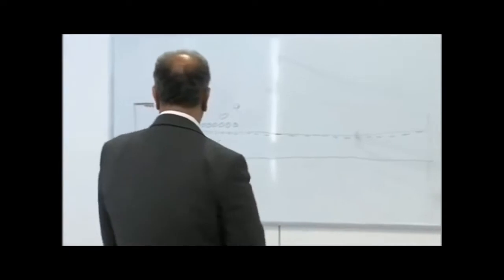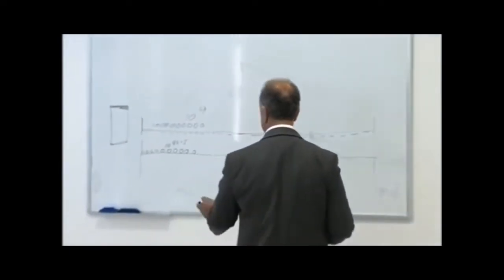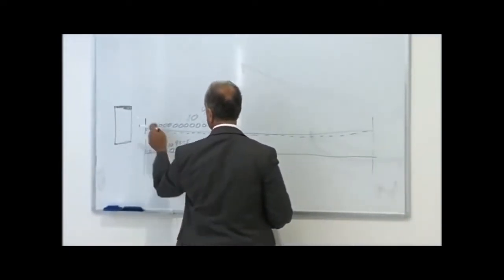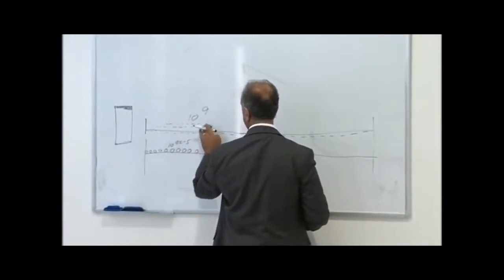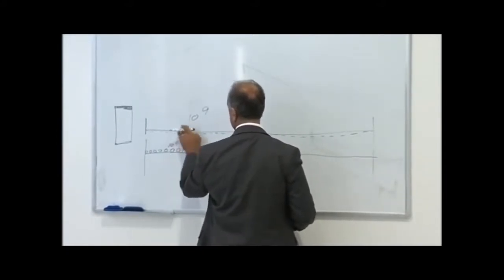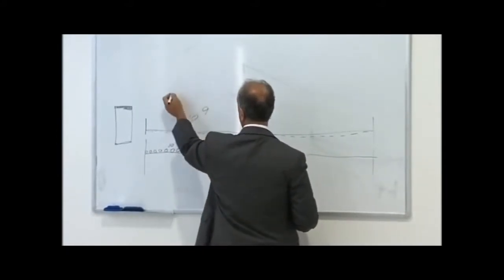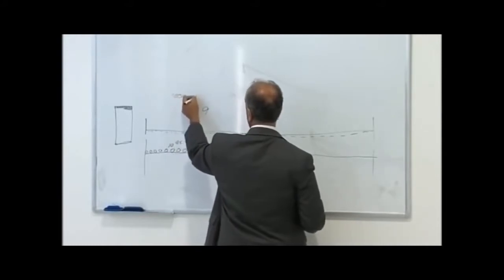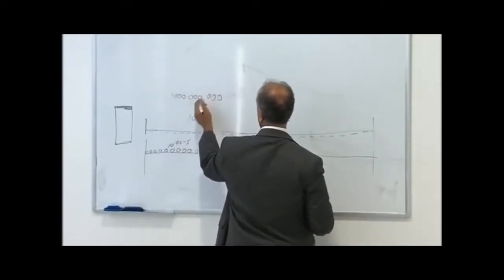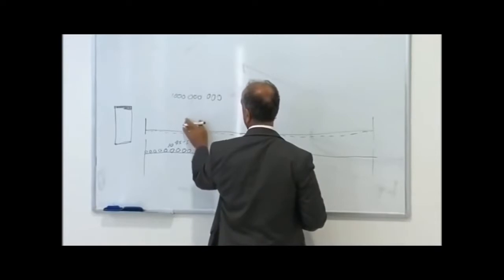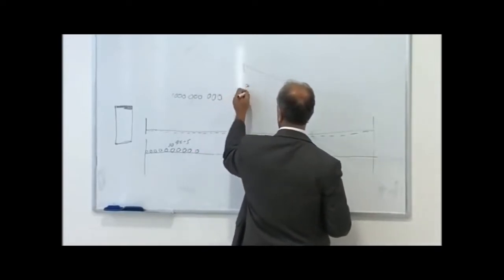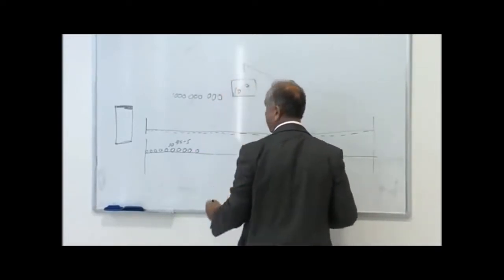So this distance allows these, I'll take these away from here so you don't make a mistake, these are that many atoms. We call it 10 to the power of 9. That's what is called nano.